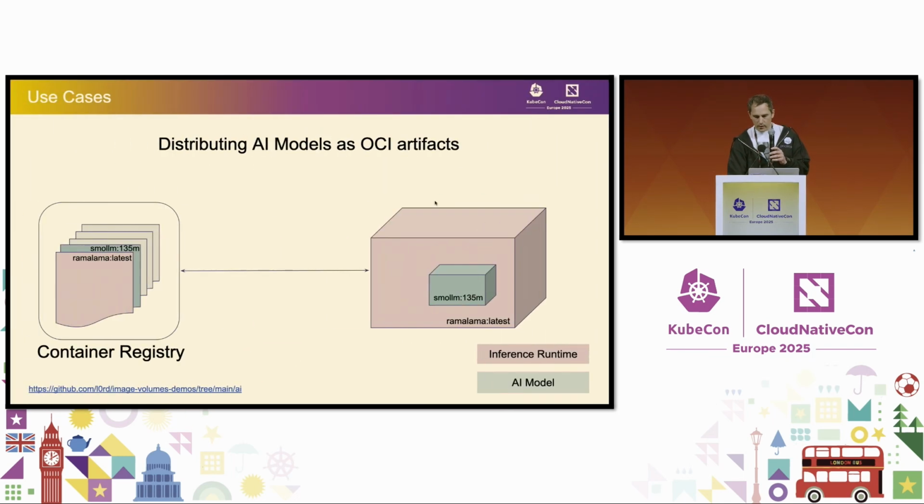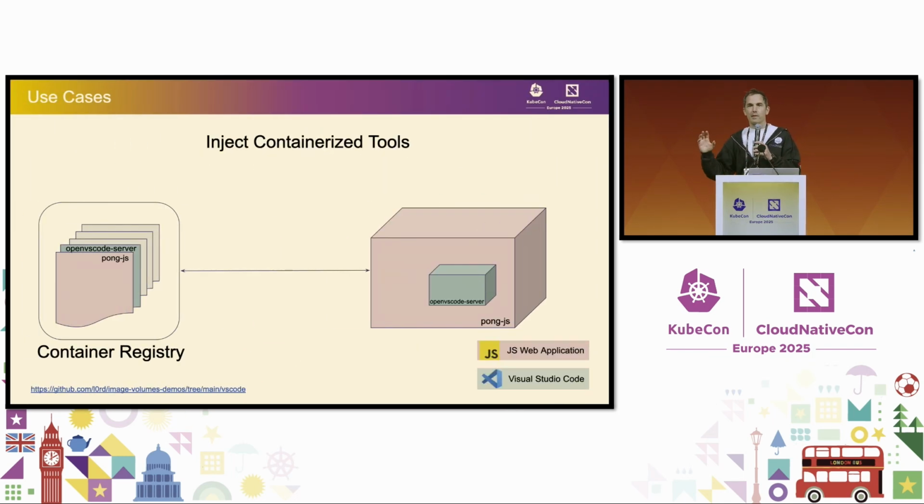Another use case is adding tools. Maybe you want some debugging tools, tools that help you observe or debug inside your container. In this case, you can have an image. For example, the example I've provided is an image with the executable for the OpenVSCode server.